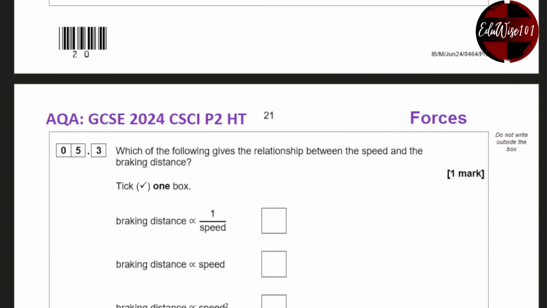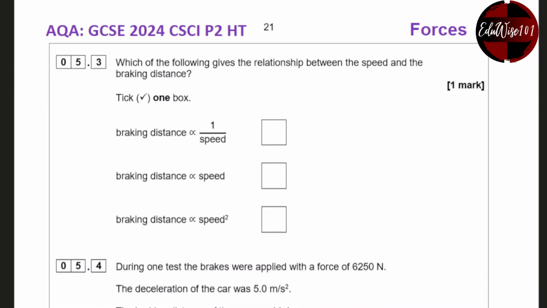So let's have a look at the question. Which of the following gives the relationship between the speed and the braking distance? Now, because it's an exponential graph, the braking distance directly proportional to 1 over the speed is actually going to go down.